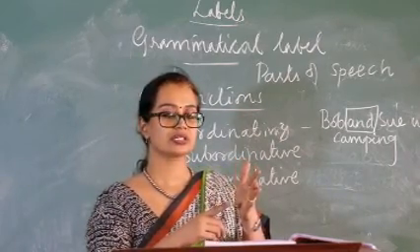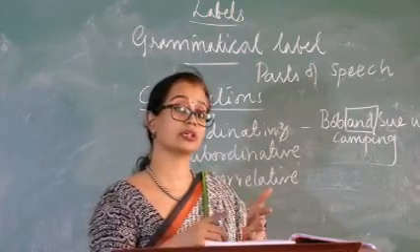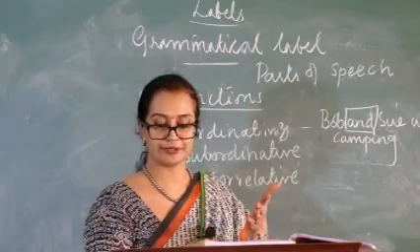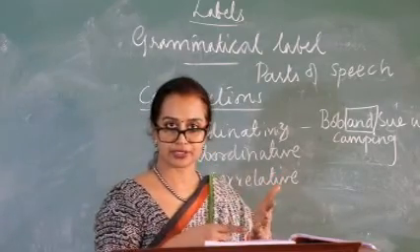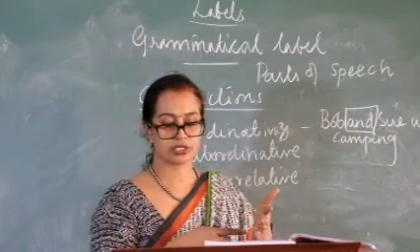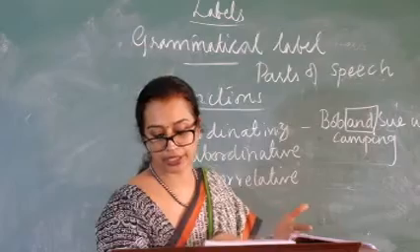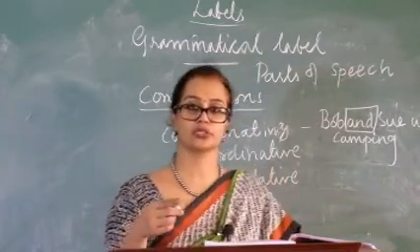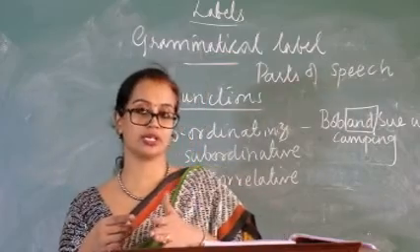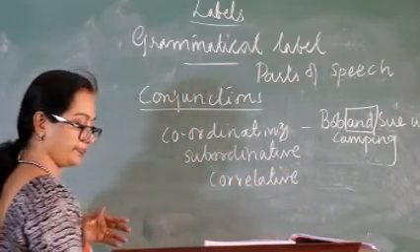Subordinating conjunctions, for example, it's better to teach with examples and give you the rules, because rules are confusing. So I'll give you the example of subordinating conjunction. While they were putting the Christmas tree, the dog knocked it over.